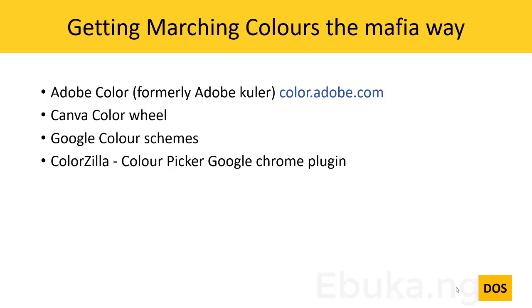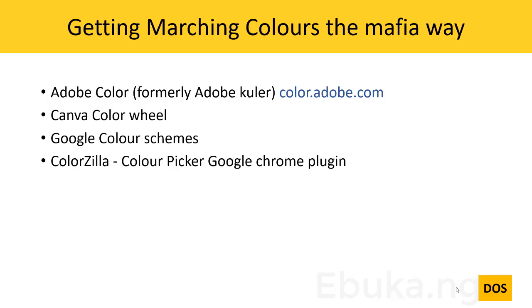If you are browsing on Chrome and you see a particular color you like, you use ColorZilla and it helps you pick that exact color and gives you the hex code. You immediately copy that hex code, paste it in your Photoshop and continue your work.